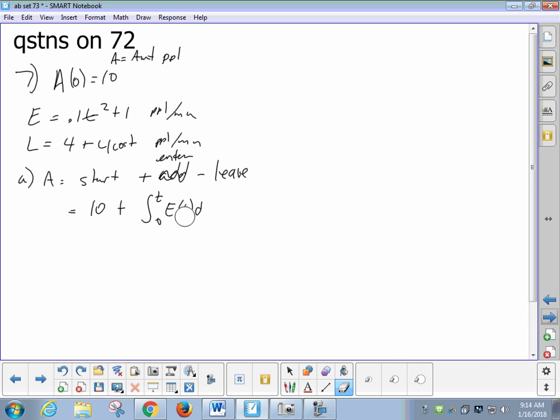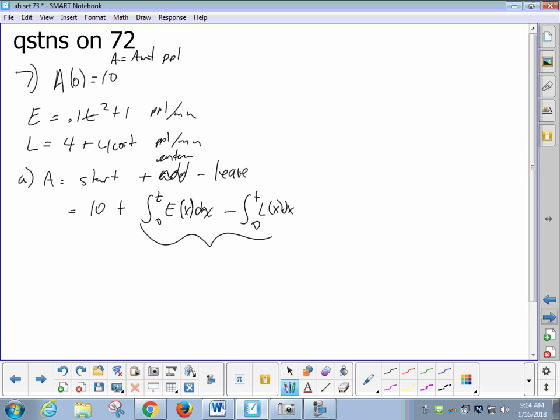I'm going to need a dummy variable, so I'll call it x. Minus leave would be the same idea, L of x dx. You could definitely put those together into one integral and call it E minus L. Either one of those is fine, you do not need both.